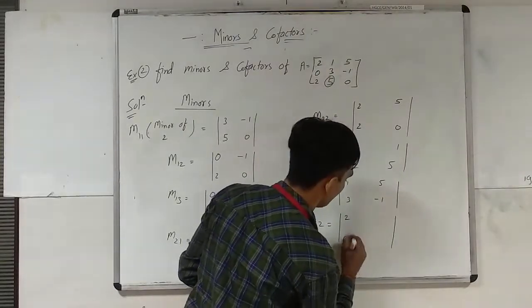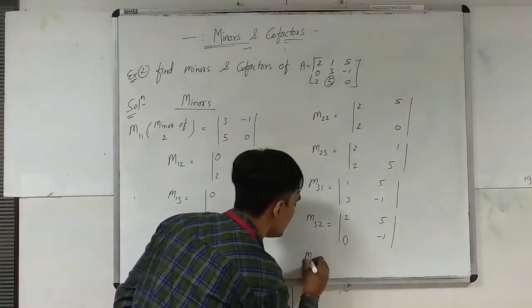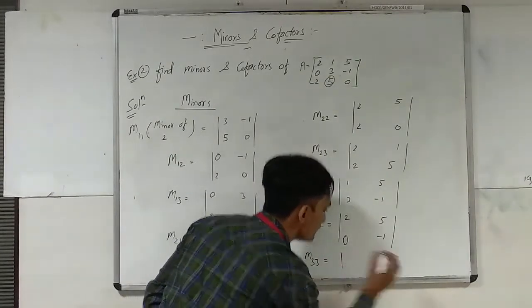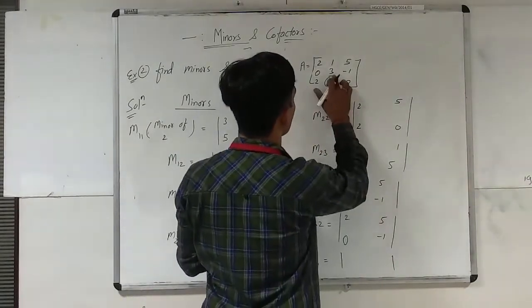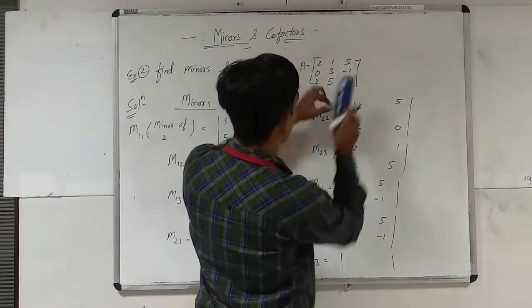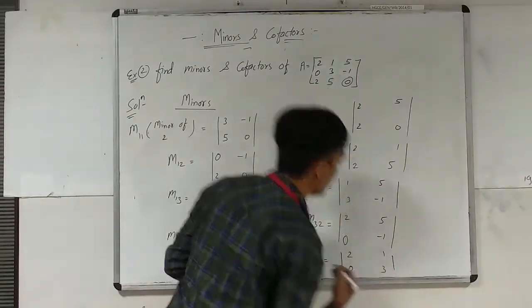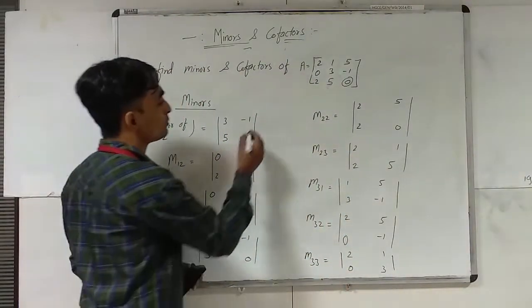And the last one, M33, the minor of the third row, third column entry. So it is 2 1 0 3.